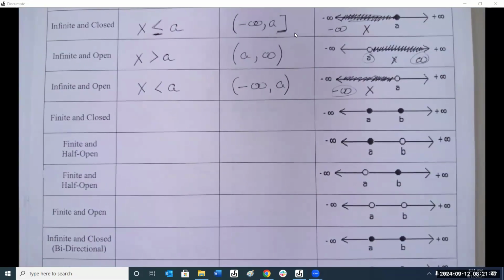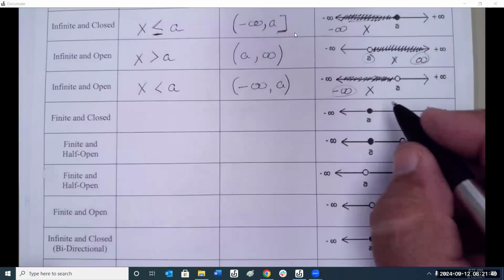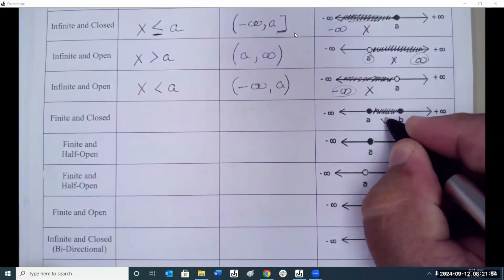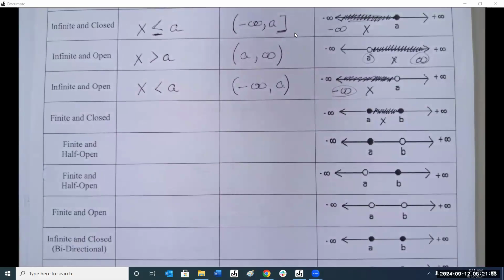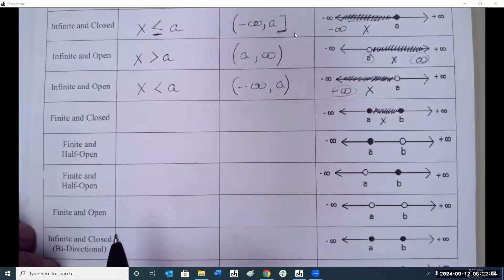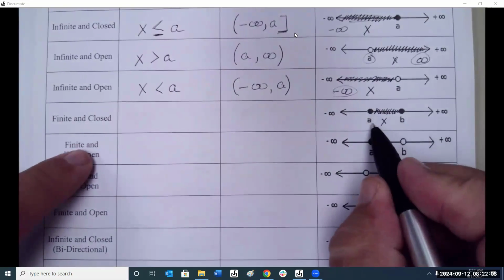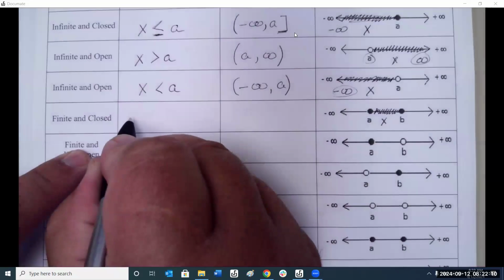The next four, these are now finite and closed. Finite means your x values are between two fixed numbers. Since it's in a bounded domain, we have to start. Okay, so where is x?